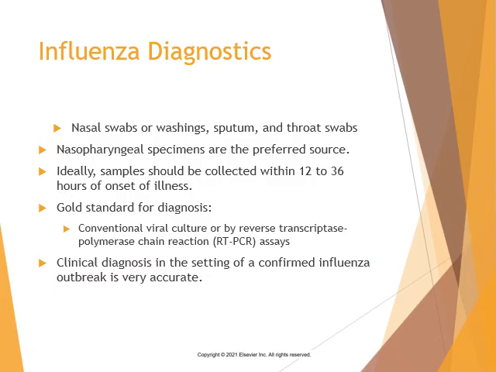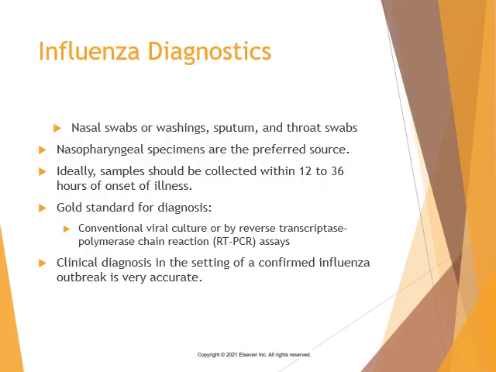How do we diagnose influenza? Nasal swabs or washings. You can do sputum tests, throat swabs. The nasopharyngeal specimens are the preferred source. Ideally, you would like to get these samples collected within 12 to 36 hours of when they first felt sick.